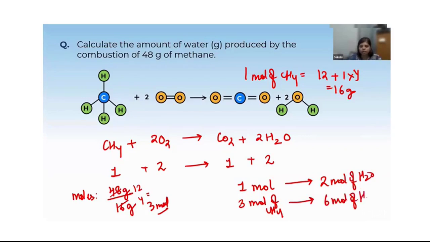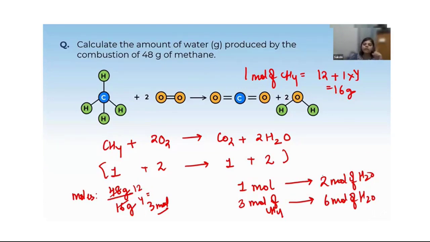Everything goes in accordance with the stoichiometry we have written. So if I have 48 grams of methane, first I convert it to the number of moles, which is 3 moles. 3 moles of methane would give 3 into 2, that is 6 moles of water molecule.